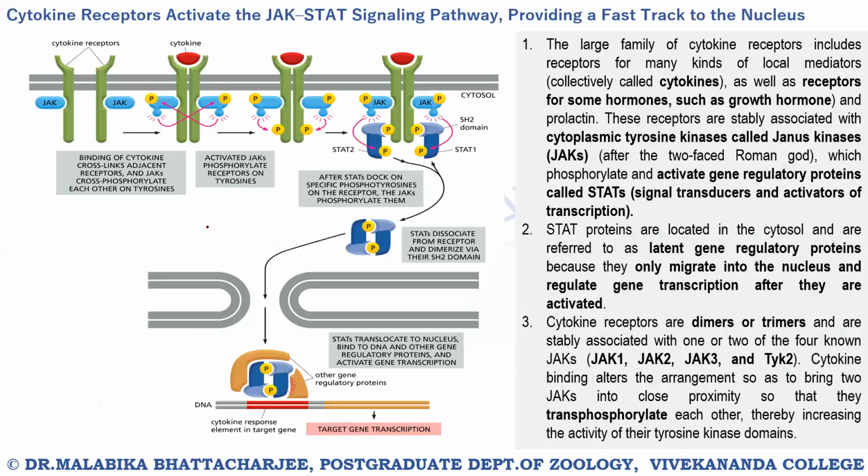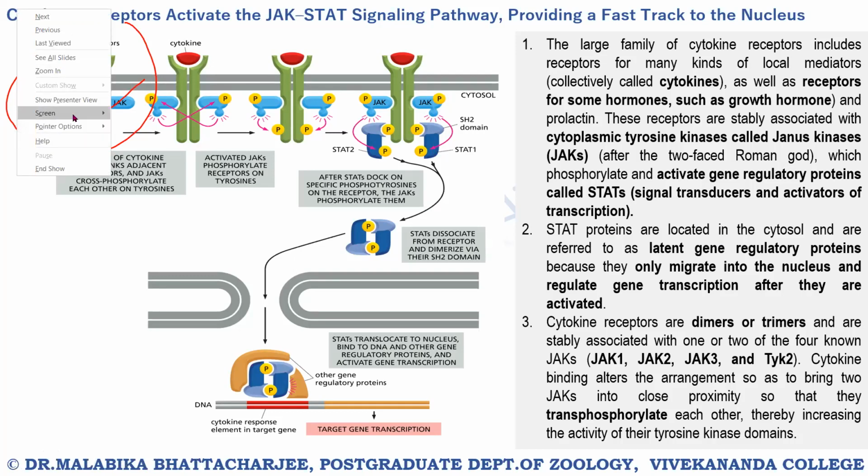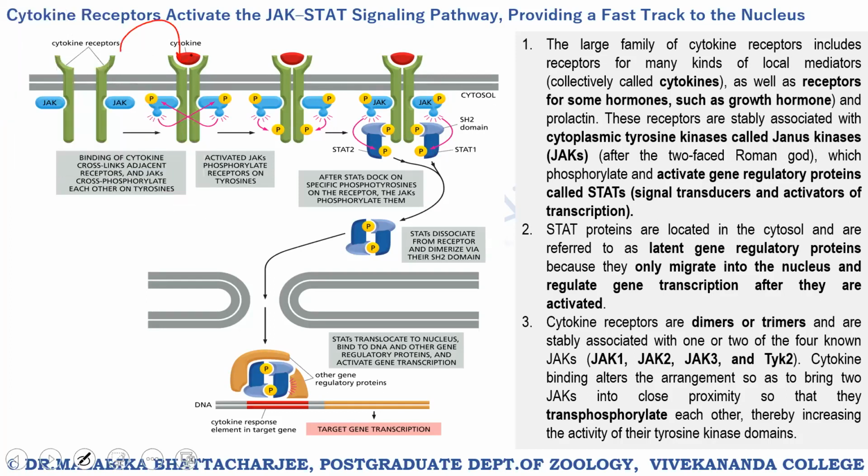This is another very simplified and easy picture. See the cytokine receptors. See the Janus kinases associated with the cytoplasmic end of the cytokine receptors. And once the cytokine binds, you can see the receptors are activated and the Janus kinases are phosphorylated in their activation loop.